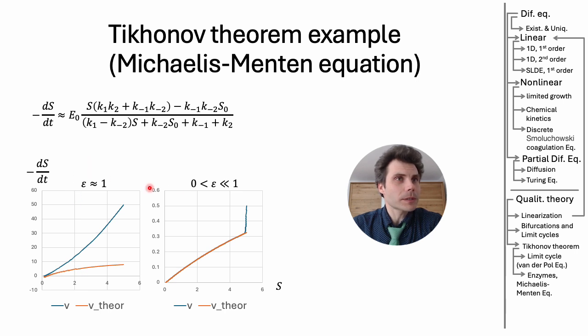When epsilon is large, when epsilon is small, when it's nearly zero, it's useful to depict the system in the coordinates negative derivative of S versus S. These are going to be our two variables. And then the quasi-stationary curve of the negative ds over dt is going to be this hyperbola, this ratio here.